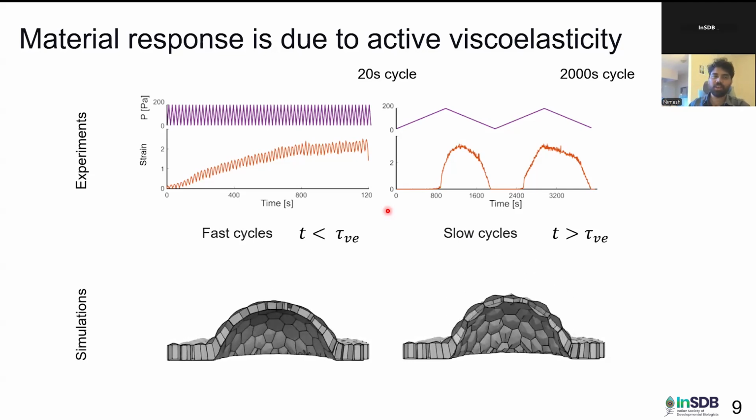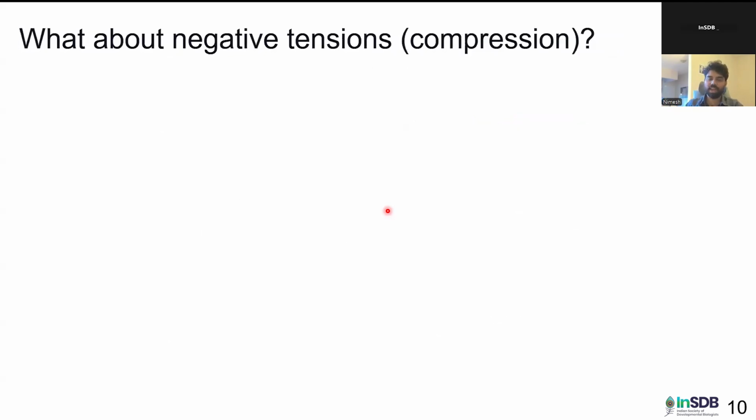So we thought, what about negative tensions? So it's a perfect talk to follow. Compression plays a big role, particularly in morphogenetic events, in the case of Hydra, in the case of tissue folding. As we have this nice system where we could create shells with positive tension, we started to think, can we do negative tensions?